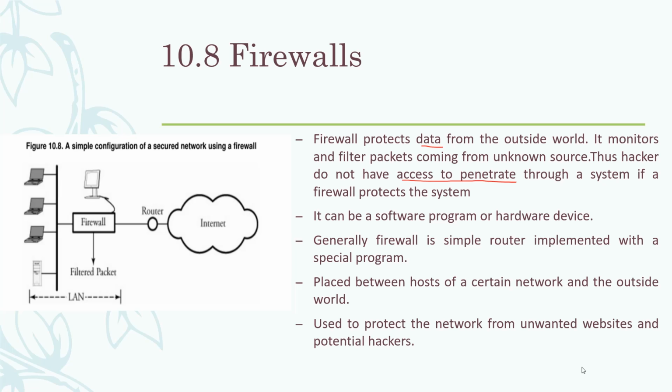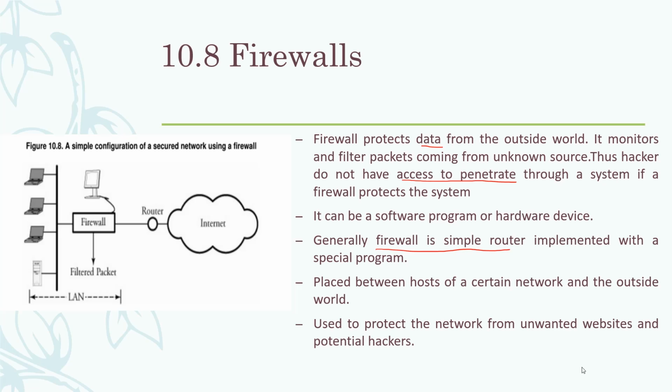This firewall can be a software program or a hardware device. Generally a firewall is a simple router implemented with a special program. This firewall is also called a hardware firewall.